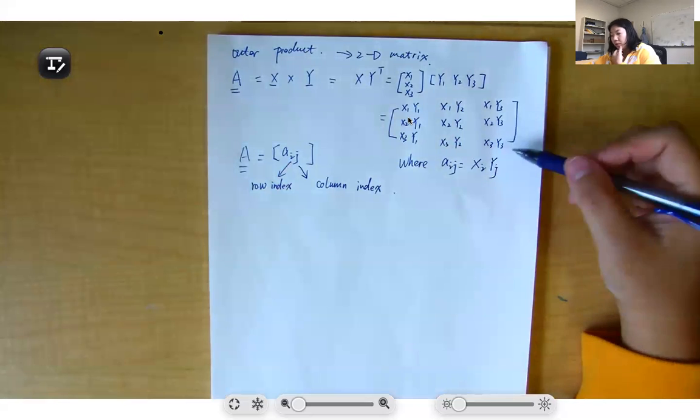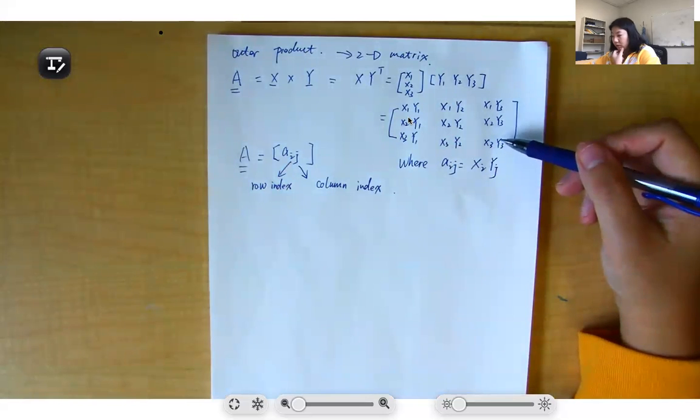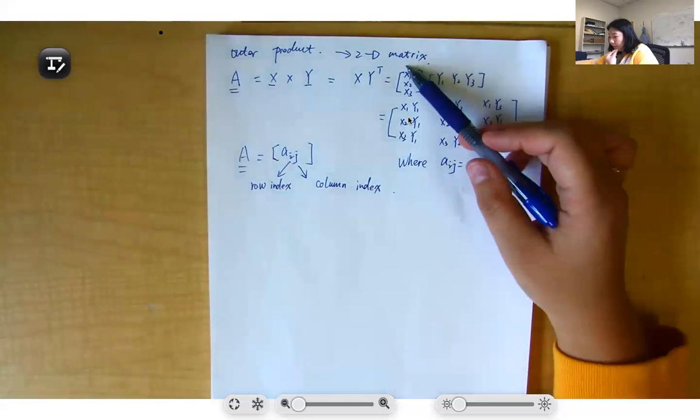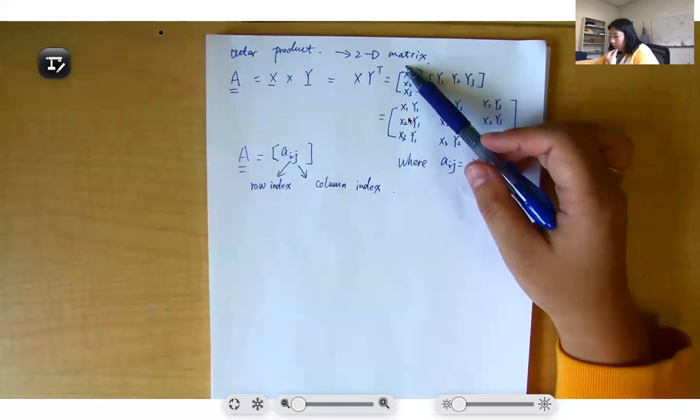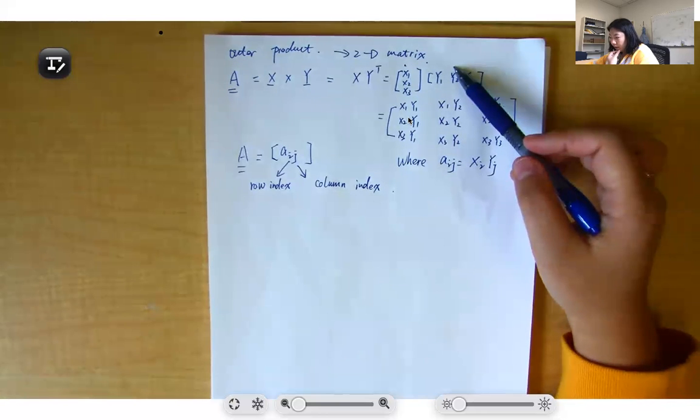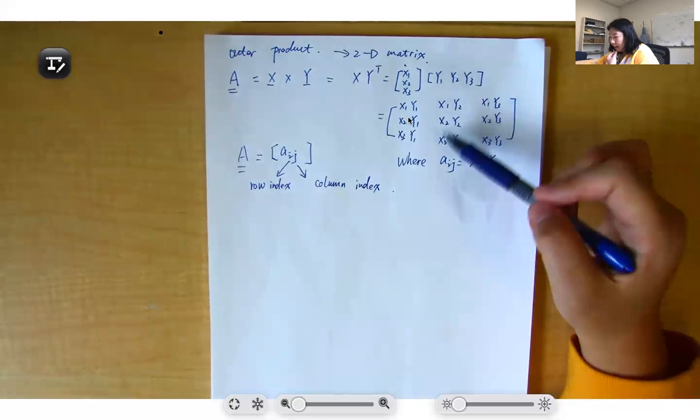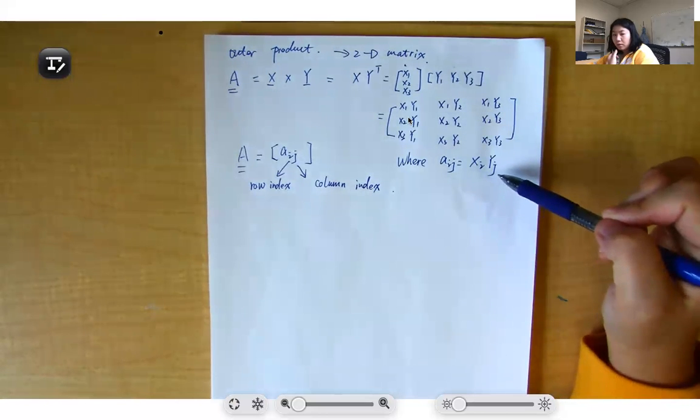And that will be a 3 by 3 matrix because you have a 3 by 1 column and a 1 by 3 row. In the end, you get a 2D matrix consisting of 3 by 3 components.